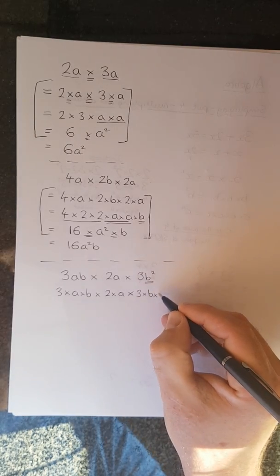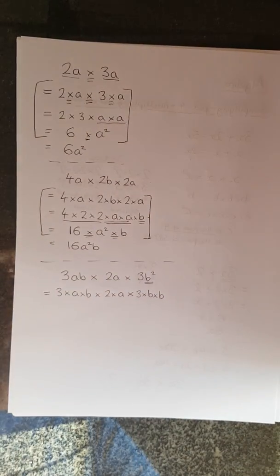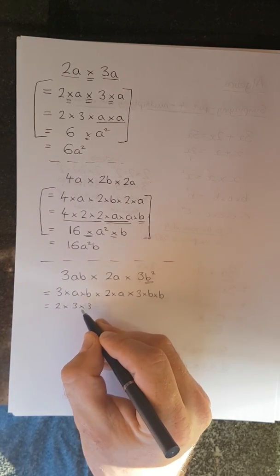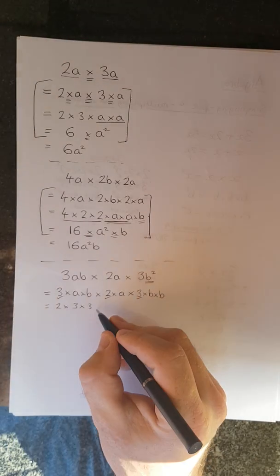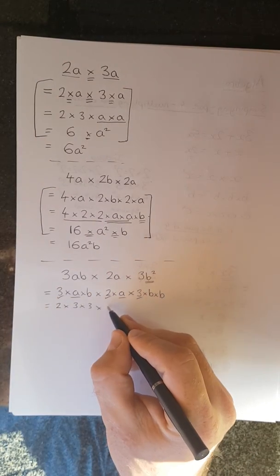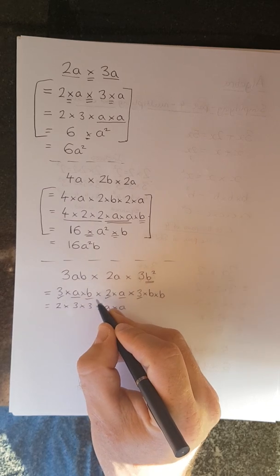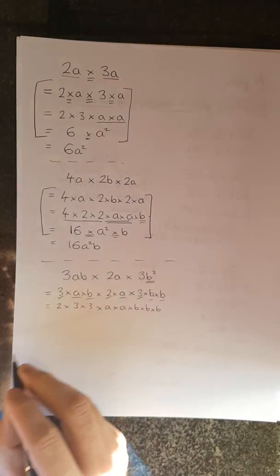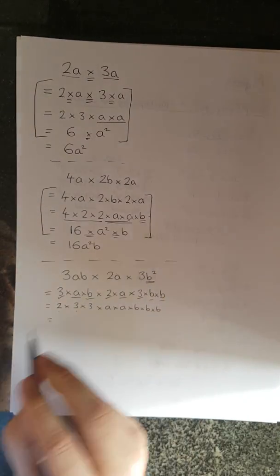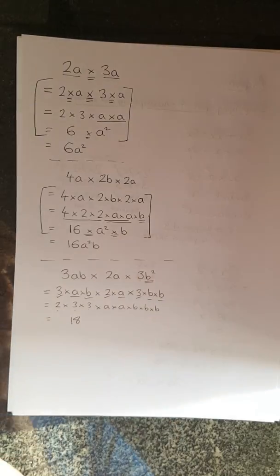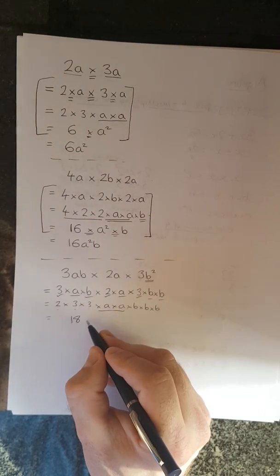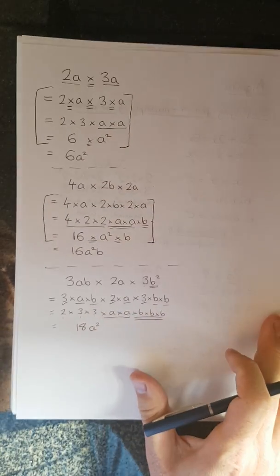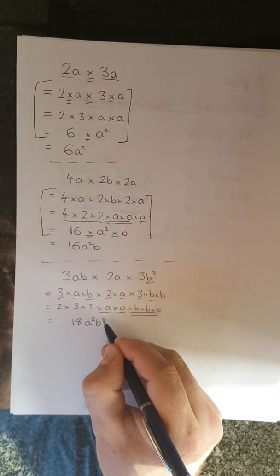Well, that's b times b. Okay. 2 times 3 times 3. Tick those off. A and A. B, B, B. 2 times 3 is 6, times 3 is 18. A times A is A squared. B times B times B is B cubed.